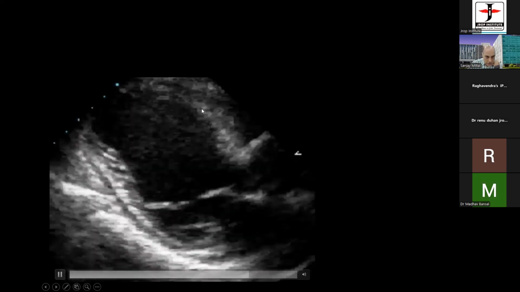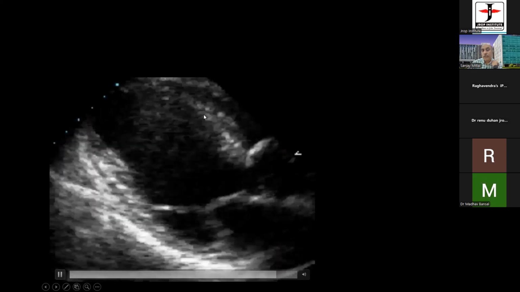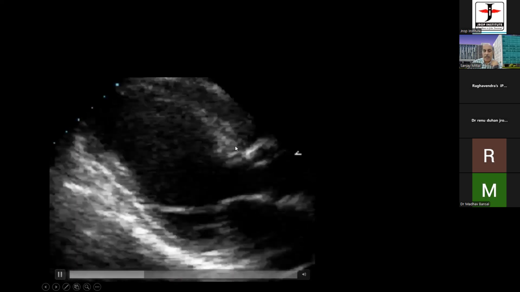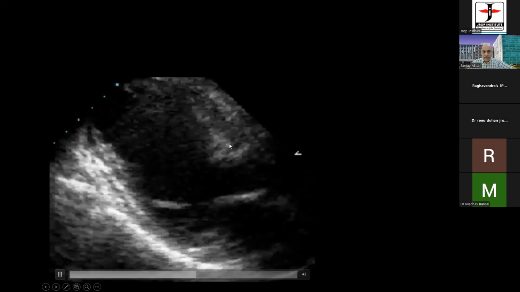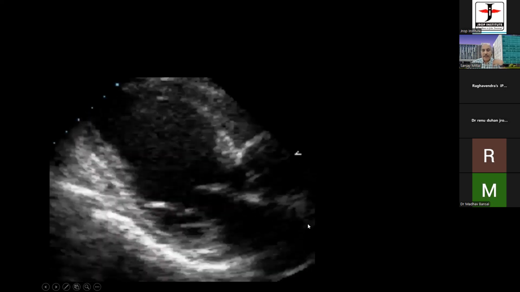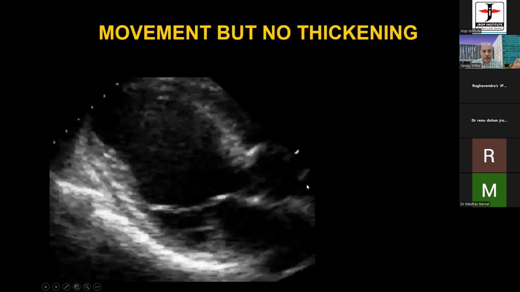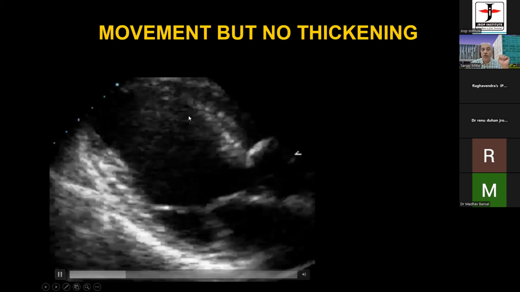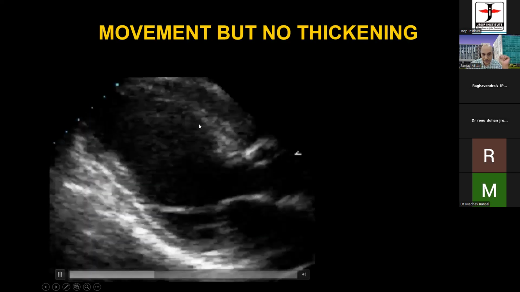So, although there was inward movement, there's no thickness change, and that is because this basal anterior septum is hyperkinetic and pulling the adjacent segment along with that. And this kind of situation, when there is movement but no thickening, still would mean that this is a sign of non-viability or infarction, right?